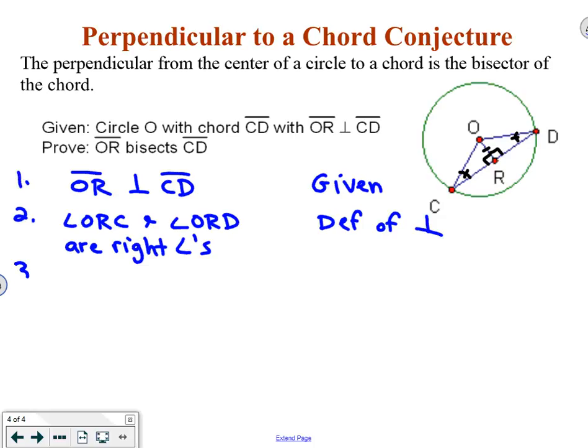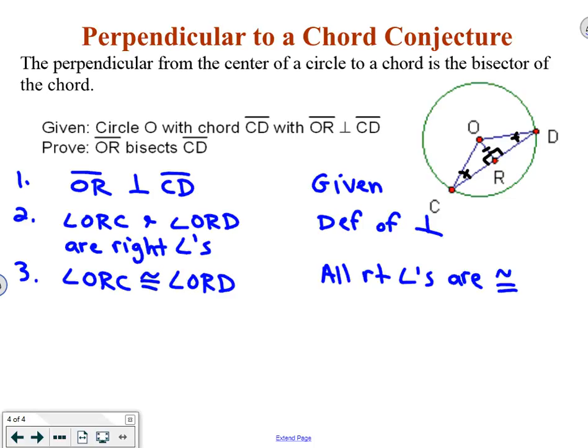So since both of those are right angles, then we know that angle ORC is congruent to angle ORD because all right angles are congruent. Step 4, OR congruent to OR. Same segment or reflexive property of congruence.